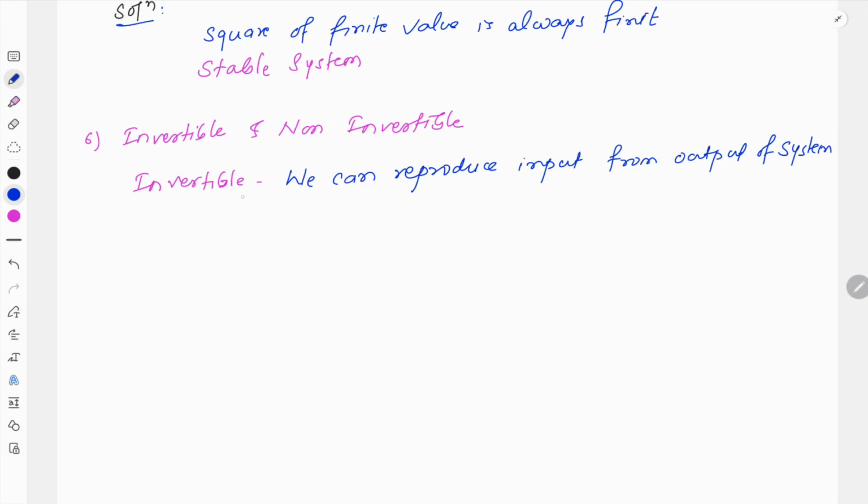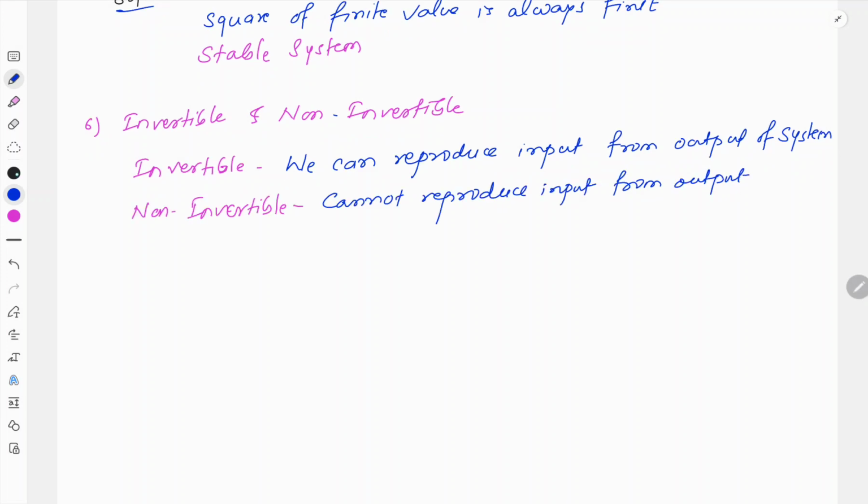A system is said to be invertible if we can reproduce the input from the output of the system. Generally we apply an input to a system and the system will generate the output. But if we can do it in a reverse way, from the output, if we can reproduce the input, the system is said to be invertible. And in case of non-invertible, we cannot reproduce the input from the output.